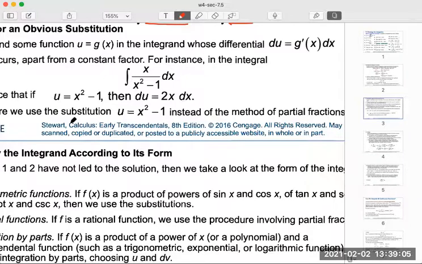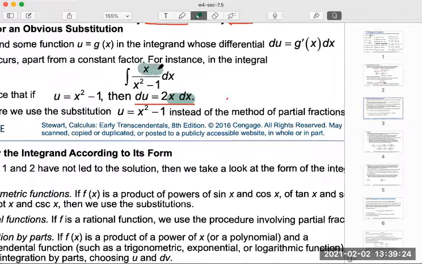It will give us the relation between the two variables, u and x. Luckily, the terms x dx mean that we can write x dx in terms of du, right?